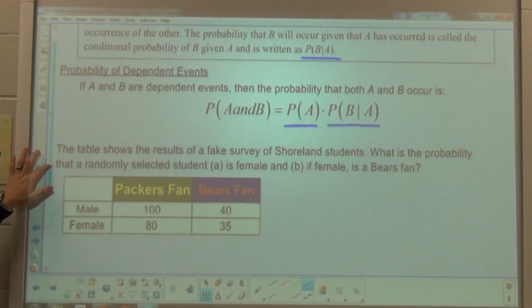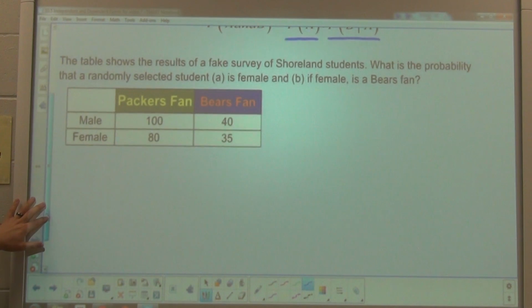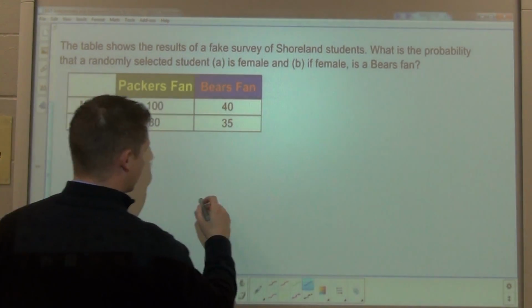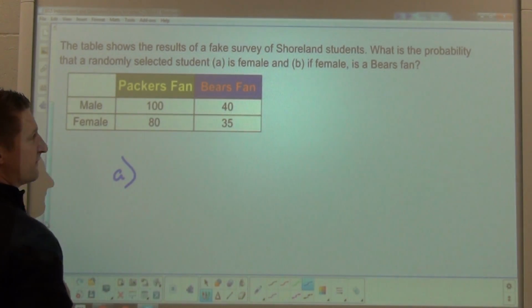The example I've got for you here is this. The table shows the results of a fake survey that I took of Shoreland students. Fake because I didn't actually take this, I'm just assuming some things here. What is the probability that a randomly selected student is female, and if female, is a Bears fan? So first of all, let's figure out the probability that if we randomly select a student, we get a female.